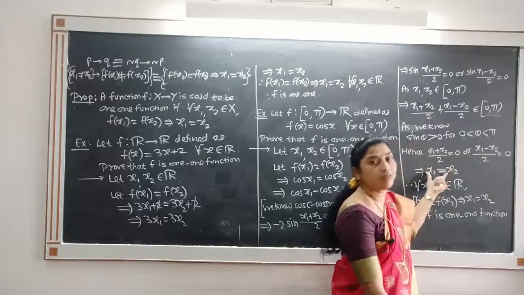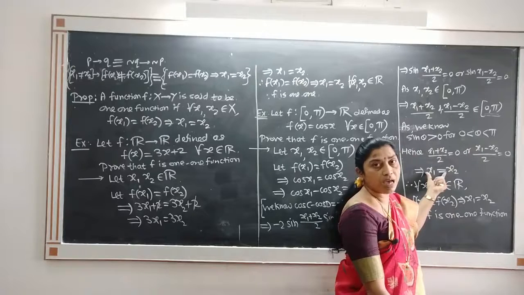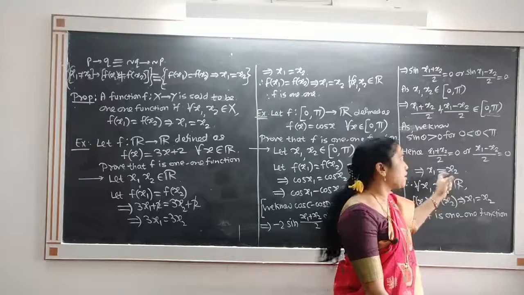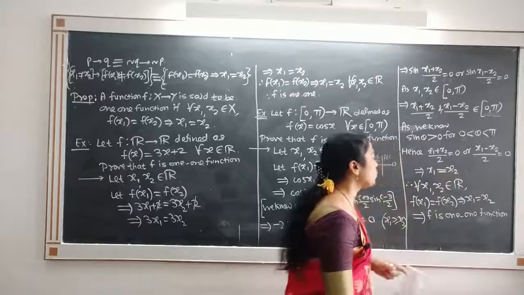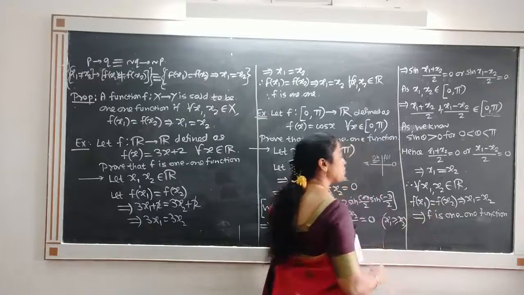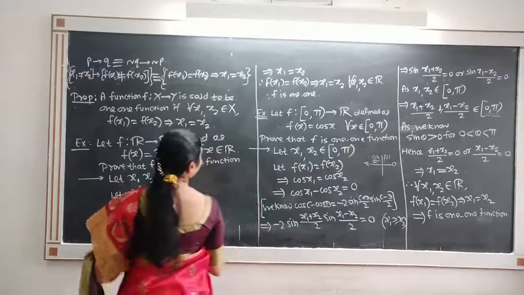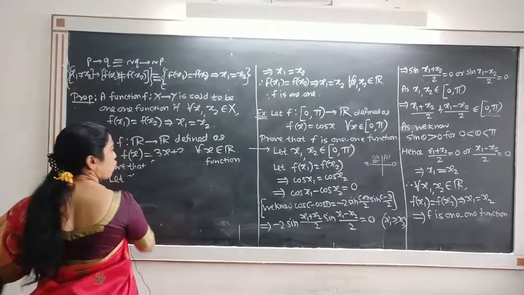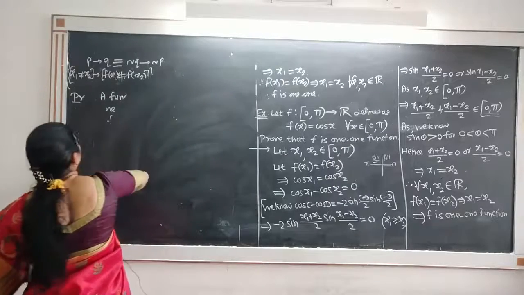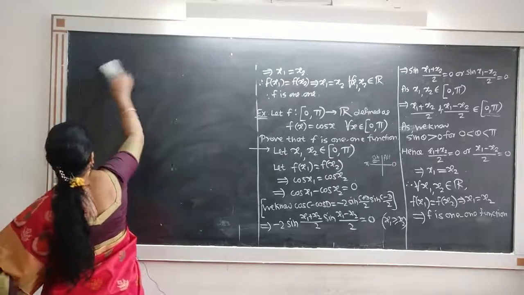This is possible if and only if both the numbers are the same, that is x1 must be equal to x2. x1 equal to x2 implies that the function is 1-1. So the function cos x from the interval 0 to pi to R is again a 1-1 function.